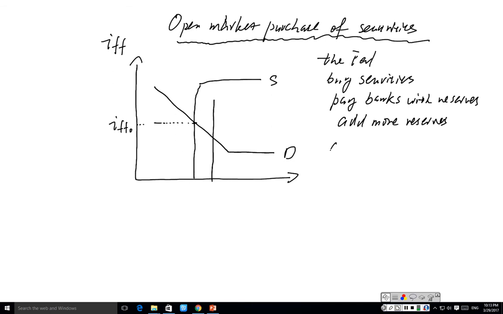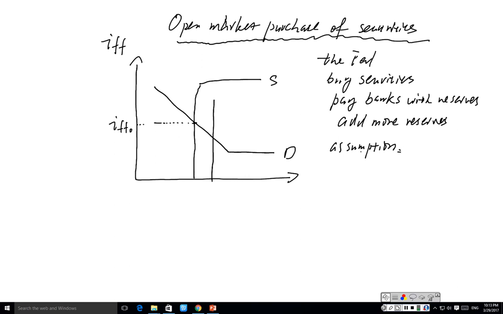But here there's a really important assumption you have to keep in mind. When the Federal Reserve uses the open market purchase to reduce the federal funds rate, normally they will also reduce the discount rate.